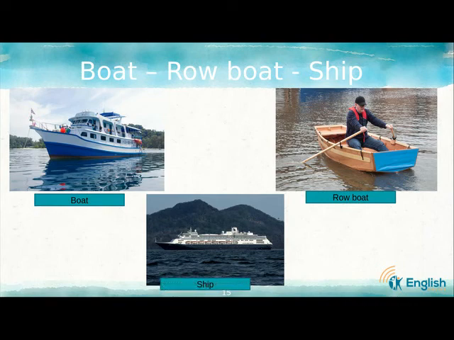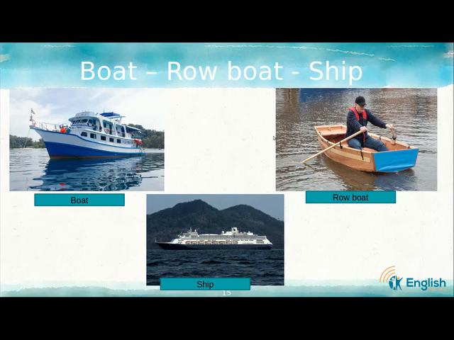What's the difference between a boat and a rowboat? A rowboat has two oars and you have to paddle using the oars in order to propel the boat forward. As you can see in this picture, this man is using the two oars to row the boat on this lake.